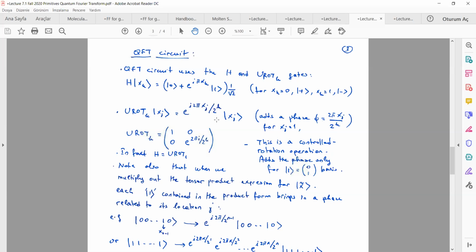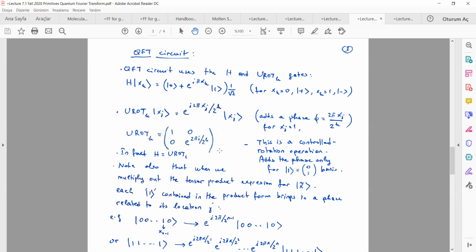That's the location of the qubit. So it determines the phase angle that would be applied. So this is the second single qubit operation that we'll use in quantum Fourier transform. It can be represented in operator form, in a matrix form like this, right?